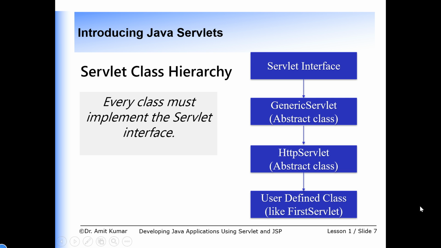Every user defined class is a subclass of the HttpServlet class or the GenericServlet class. And I told you every class must implement the Servlet interface. So if you are creating your servlet program using the GenericServlet class, your user defined class will be a subclass of the GenericServlet class.